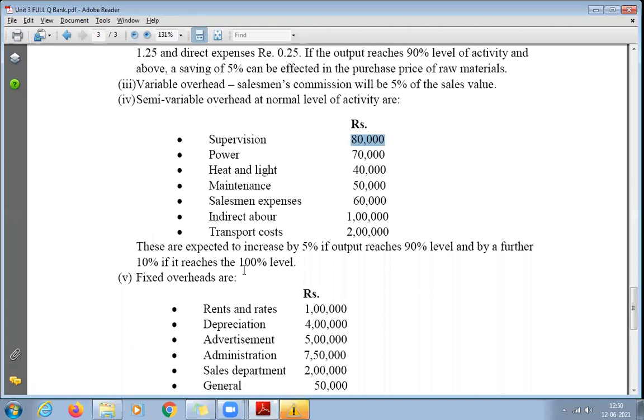How will you calculate for 100% level? 80,000 into 5% into 10%. Yeah, whatever it is increased for 90%, from that you calculate 10%. Don't calculate for 80% level. That is what the meaning is by a further 10%. Got it? So whatever is for 90%, on that you calculate 10%. Don't calculate on the normal level.